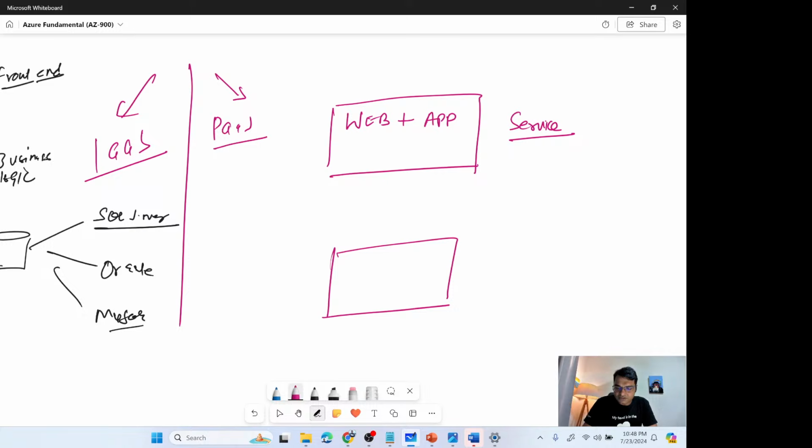On the other side, the database that you are running, let's say SQL, you package it into another service. You choose another service for that, service 2 and service 1.